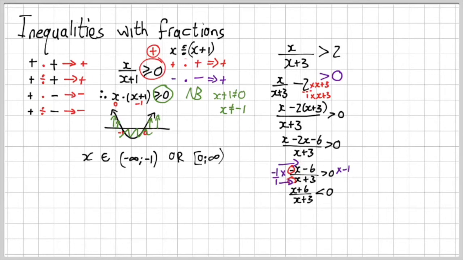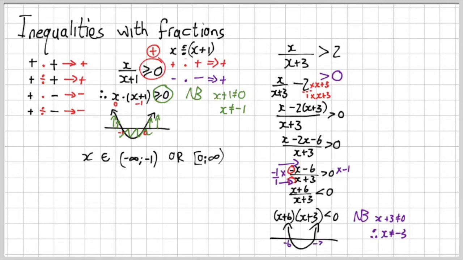Now I'm going to go, instead of dividing, I'm going to times. And this, again, is a very straightforward parabola with one restriction. X plus 3 may not be naught, so x may not be negative 3. In this parabola now, I've got my two roots, one at negative 6 and one at negative 3.